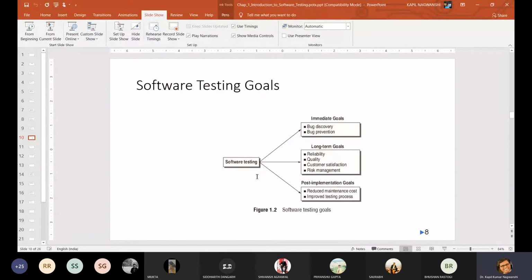So these are the goals of testing. The first thing is the immediate goal: bug discovery and bug prevention. Whatever bugs are there, like the date or Y2K bug, is a very common bug. We had a practice of writing dates like 19 August 72, 73 in previous years or the previous century.